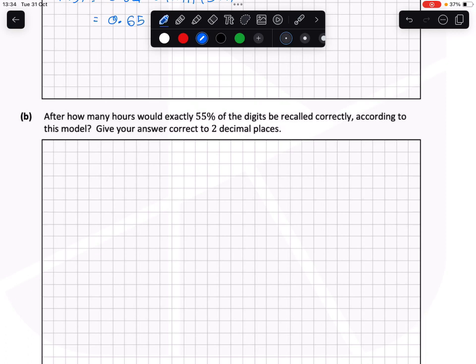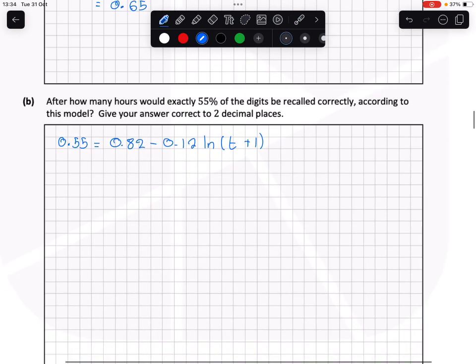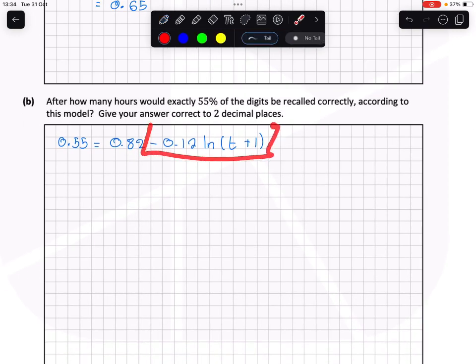So before we were plugging in a value of time, now we're looking for the time. So in here we have 0.55 is equal to 0.82 subtracting 0.12 times the natural log of t plus 1. So we're looking for t here. I want to first of all figure out this part in a positive sense, so I want to move that to the left hand side. I'm going to move the 0.55 to the right hand side.